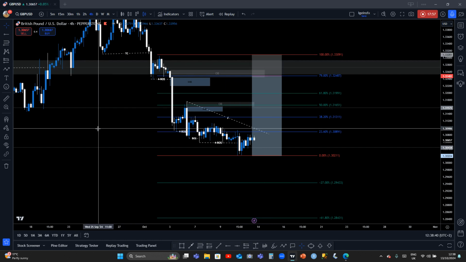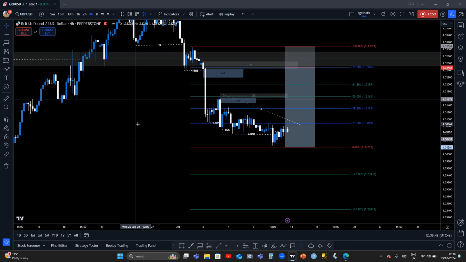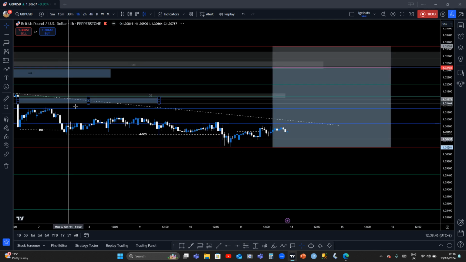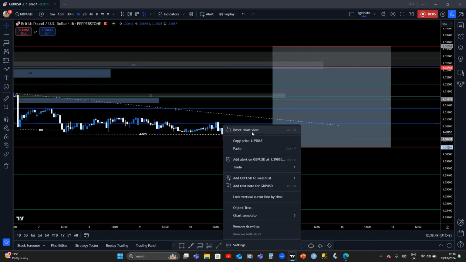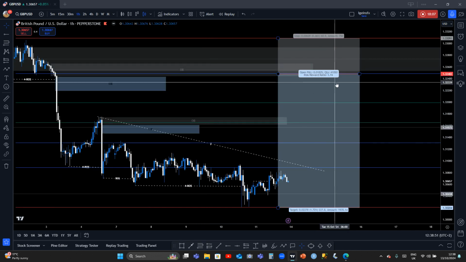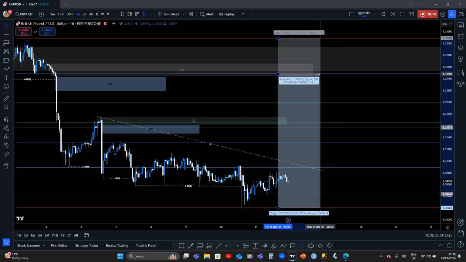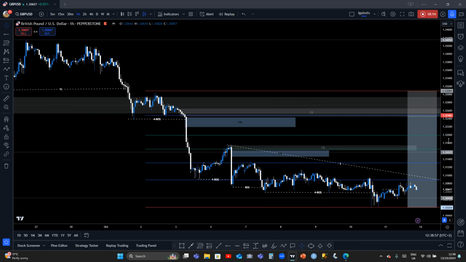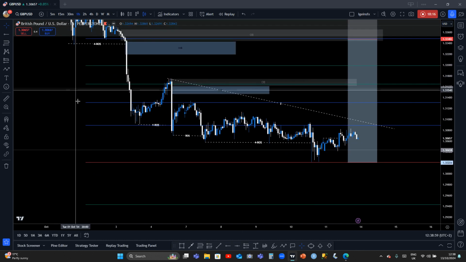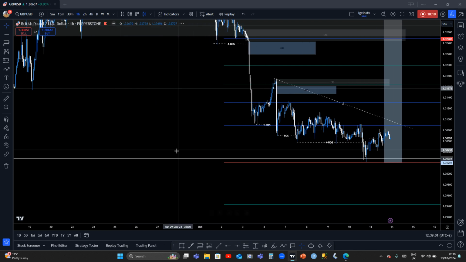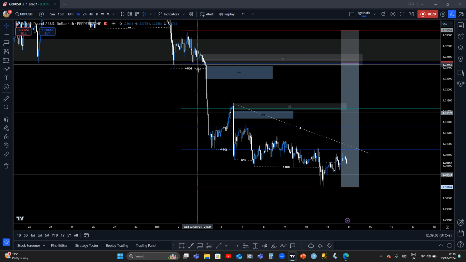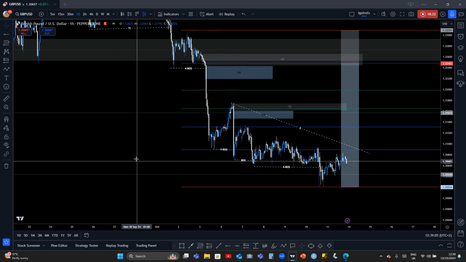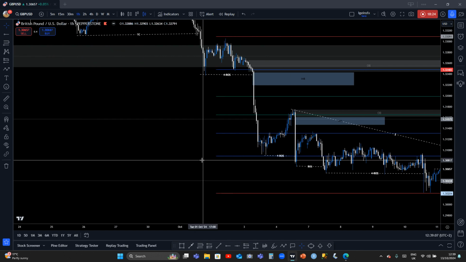Then you give 60 as stop loss. Now if you scale down to the 1 hour time frame, you discover that there was another break of structure to the downside.